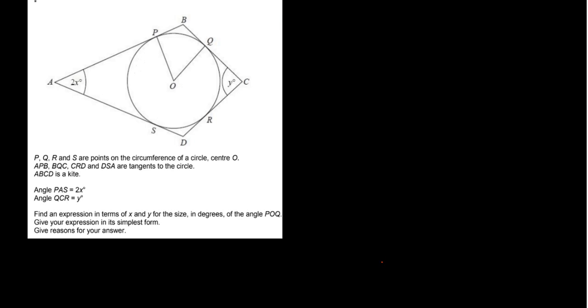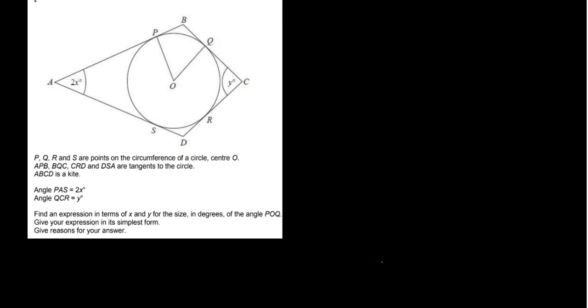You see this line APB, it touches the circle at only one point, which is the point P. So APB must be a tangent, and so should ASD, and so should BQC.